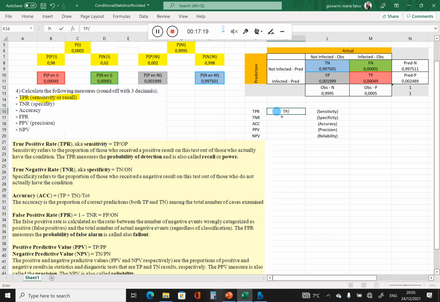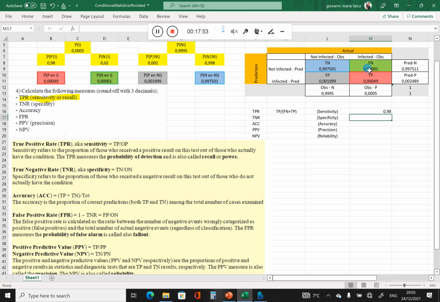So basically, you see I have to sum here along this column. So I have here divided false negative plus true positive. Okay, and so this means that for the sensitivity we have to take the true positive and divide it by the true positive plus the false negative.